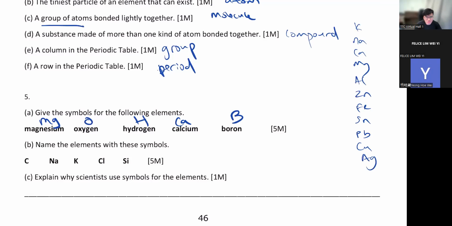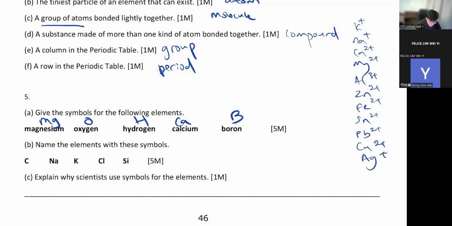And you know what's the worst? You need to memorize the charge. This is charge 1, charge 1, charge 2, charge 2, charge 3, 2, 2. I think this is 2 also. Pb I think is 2, and Cu is 2. You need to memorize this charge. If your charge is wrong, then your answer is wrong.